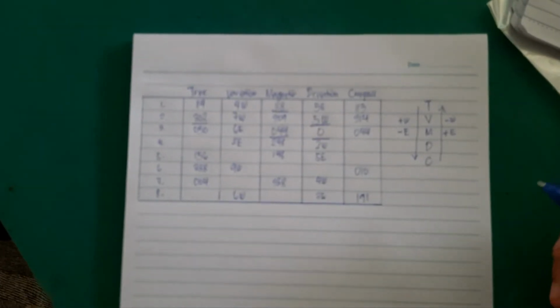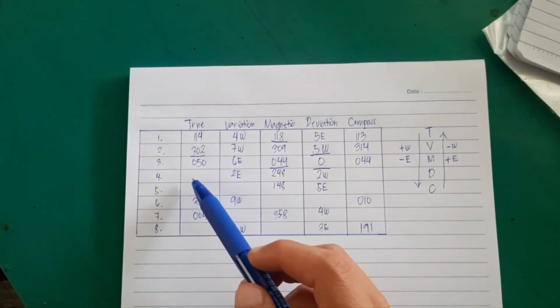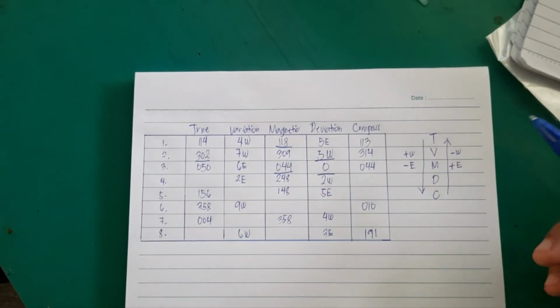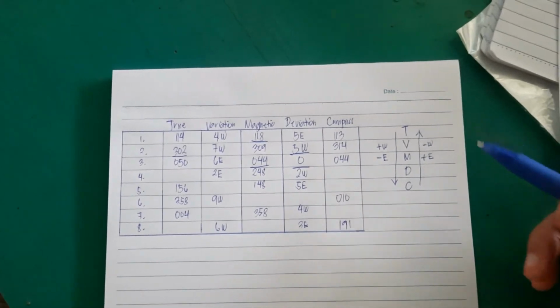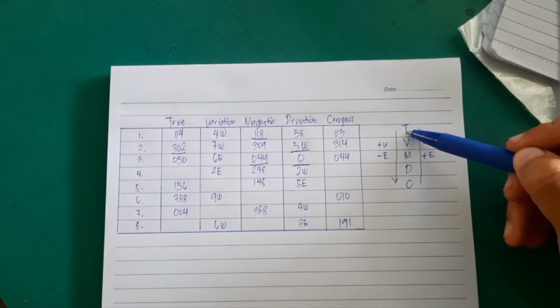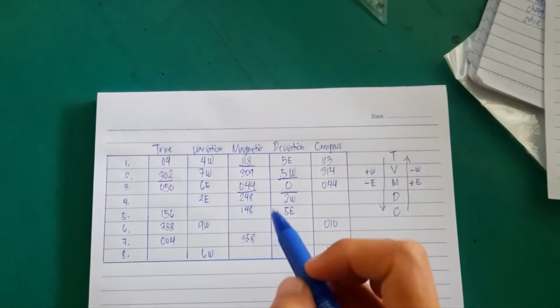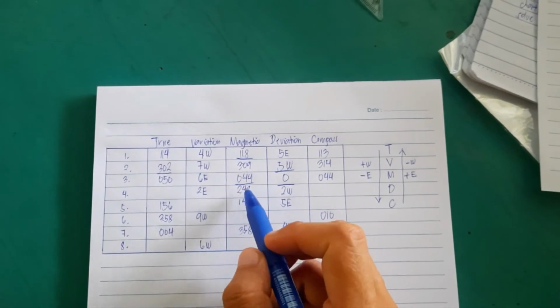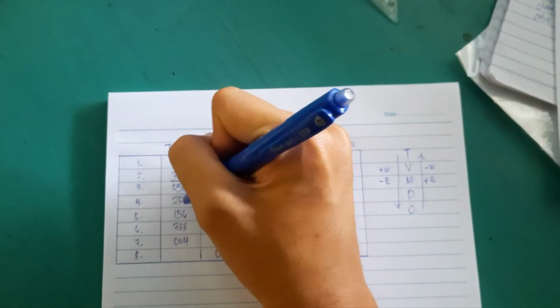In number 4, we had true course is missing. So how can we get the true course? First, the applicable rule for this one is compass course to true course. So since it is east, then it is plus: 248 plus 2 is 250.